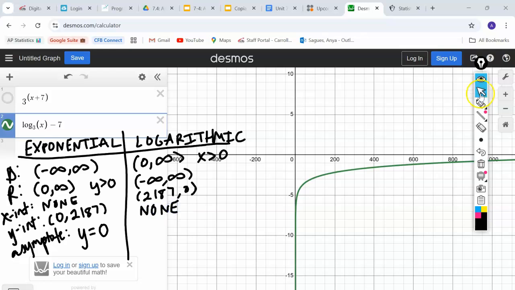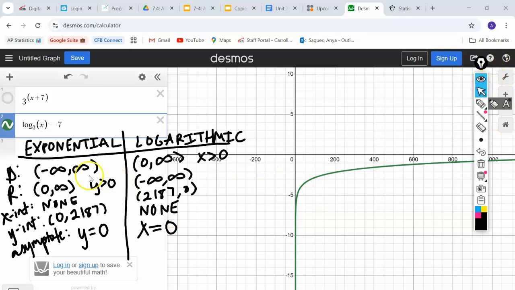And then for the asymptote, I look and see where it stops. I see what's the number it stops at, and then what kind of value it is. Now, it stops at the number 0. And since 0 is the first value in this point, that is my x value. So my asymptote for my logarithmic is x equals 0.